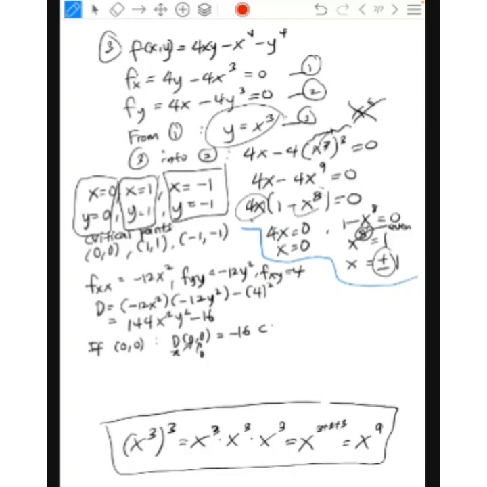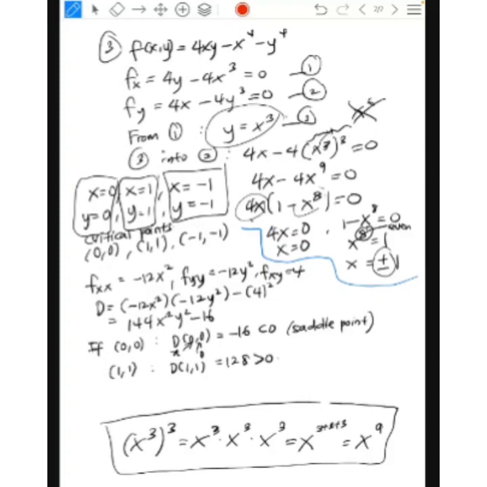So less than 0 means what? Saddle point. And then for (1,1), D(1,1), x equals to 1, y equals to 1, so you have 144 minus 16, you'll get 128, which is greater than 0.